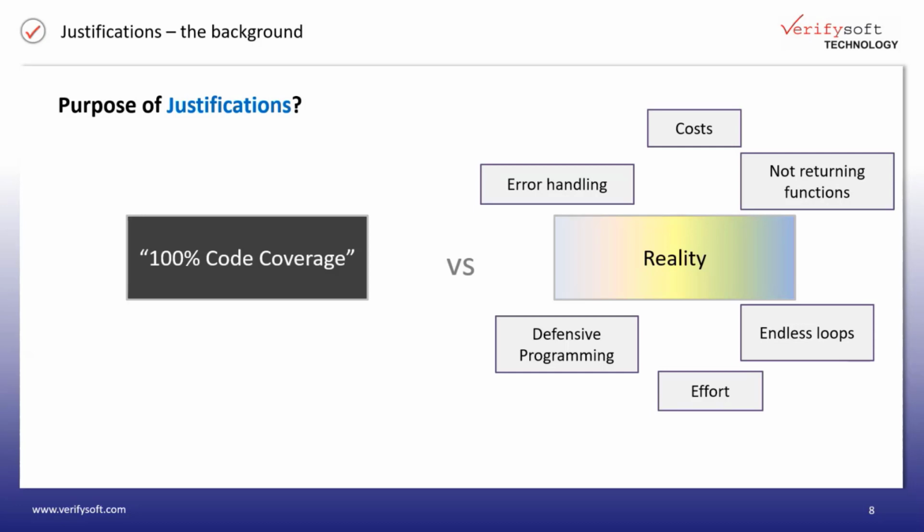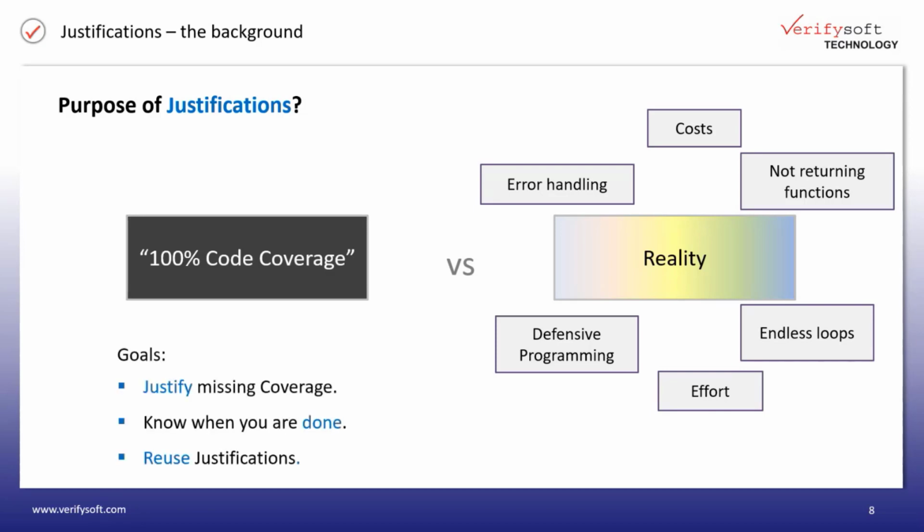And we had in the past several features or approaches coping with that, but more or less it was all about comments. So you could annotate code to show why you have not been able to test it. And we want to offer more. So the goals for the justification feature are, first, justify missing coverage.